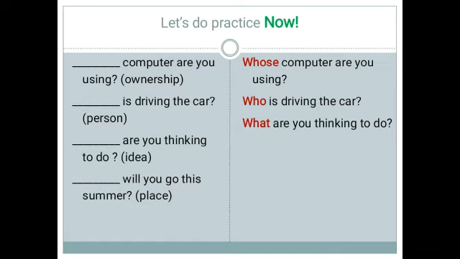The next one is, where will you go this summer? Because we know for a place or specific location, we use where. All of you, I really hope, have done well. Let's move further.